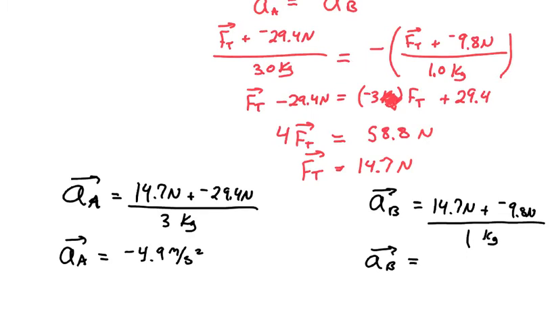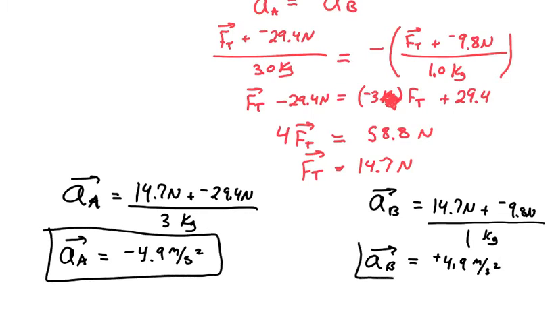And let's see, 14.7 minus 9.8, that's 4.9 divided by 1. 4.9 newtons divided by 1 kilogram gets us positive 4.9 meters per second squared. And those are going to be our final answers. So they should be the same size in opposite directions, and they are, which is a pretty good check that we did our algebra correctly here.